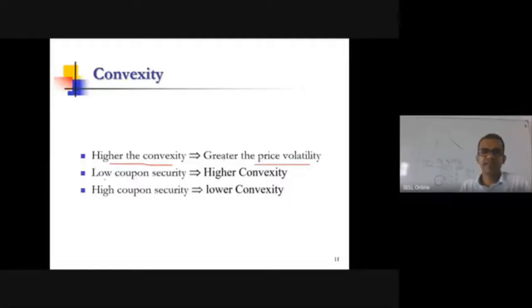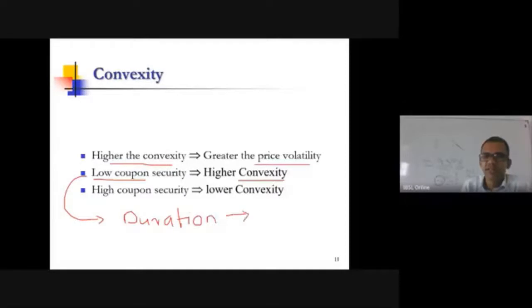And then again, the relationship between coupon and convexity. When the coupons are low, convexity is high. When the coupons are low, what about duration? Is it high or low?